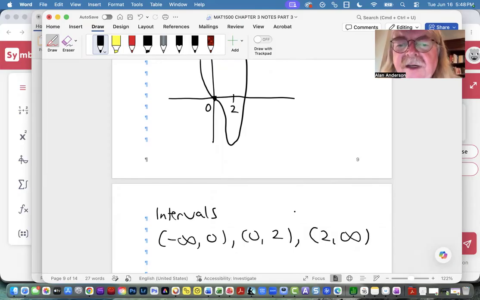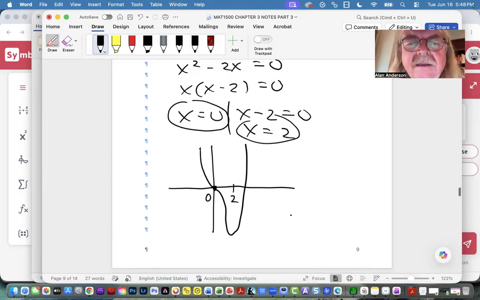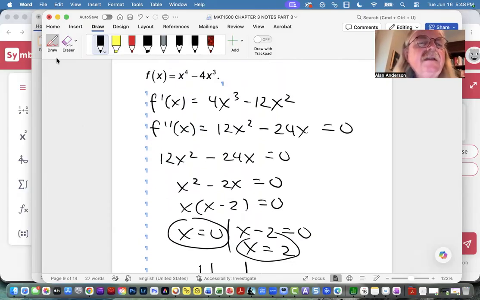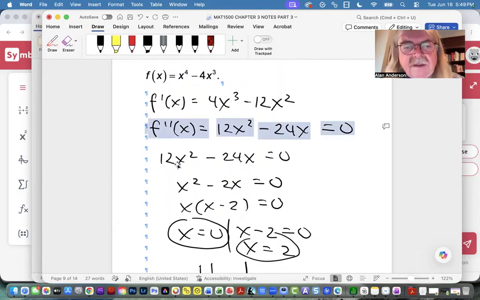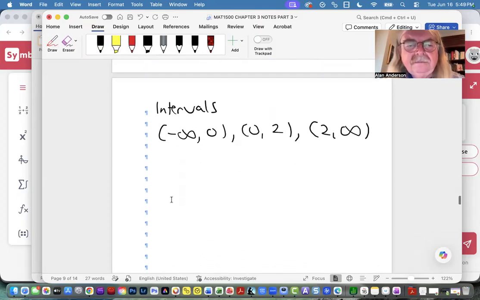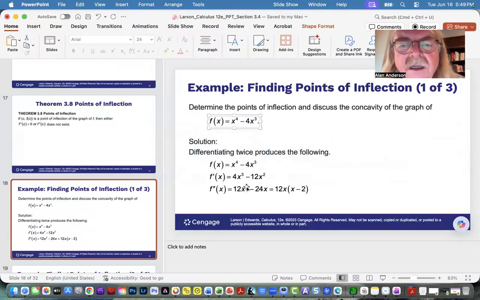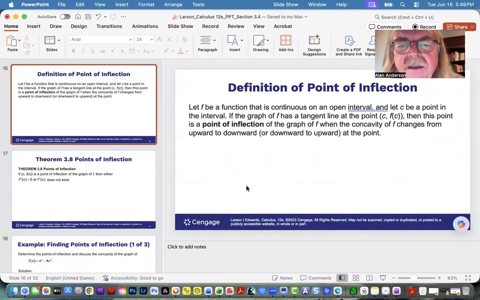And then we're going to pick some random point in that interval. And we did note here that the second derivative is here. So the boxes that they drew in the slides are set up in the same way.